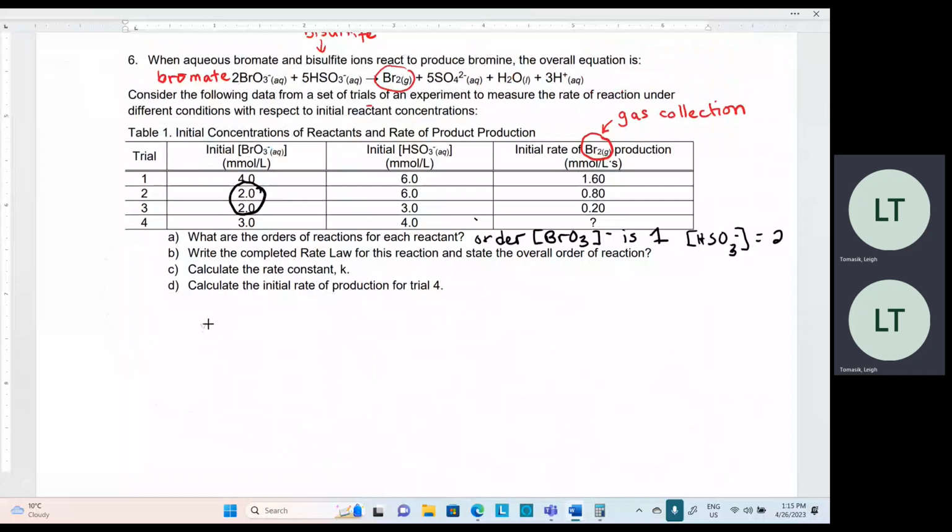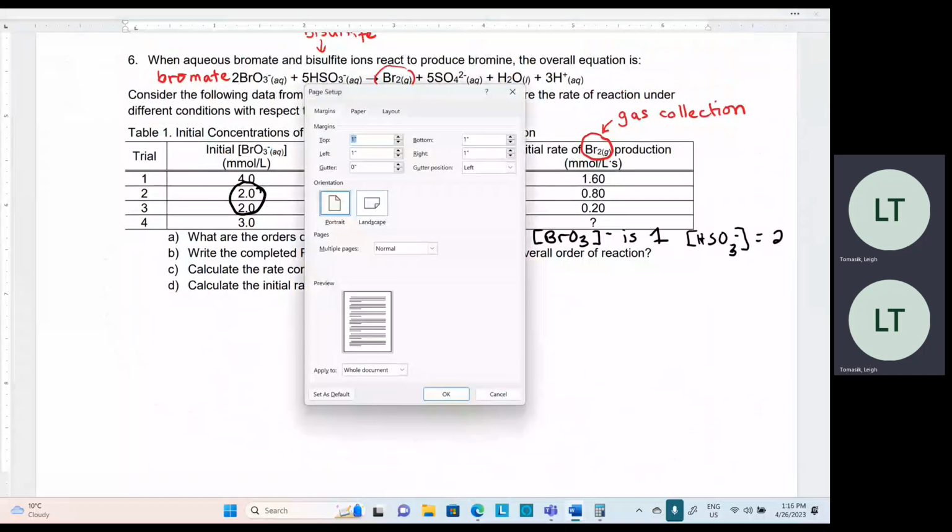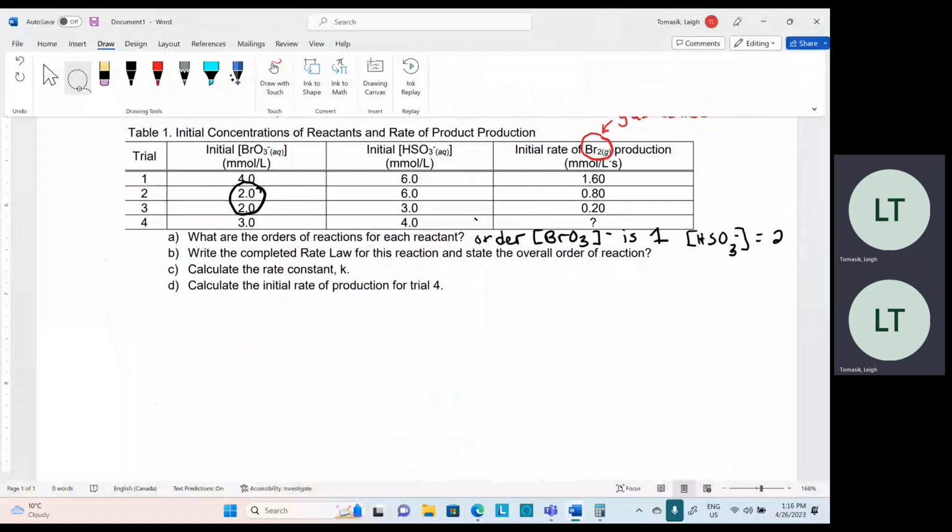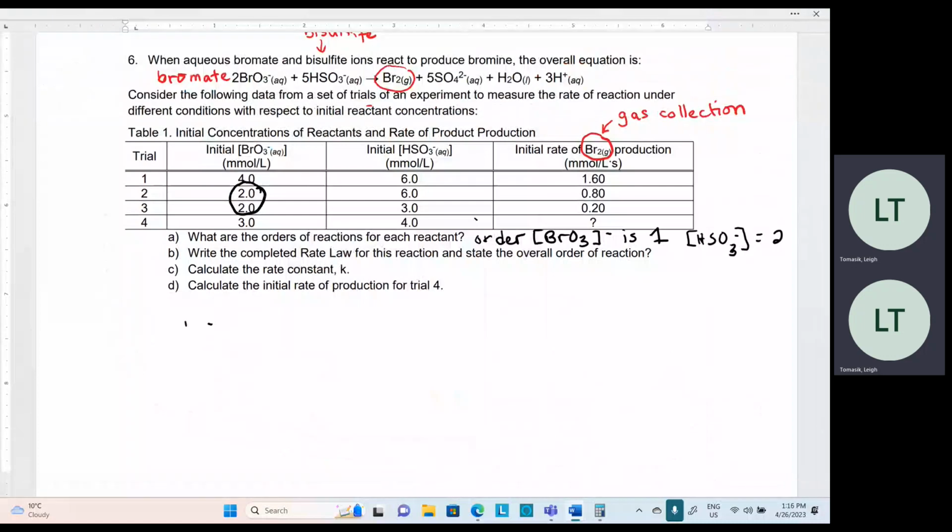So rate law, rate is equal to some constant times the concentration of bromate to the exponent 1 times the concentration of bisulfite to the exponent 2.